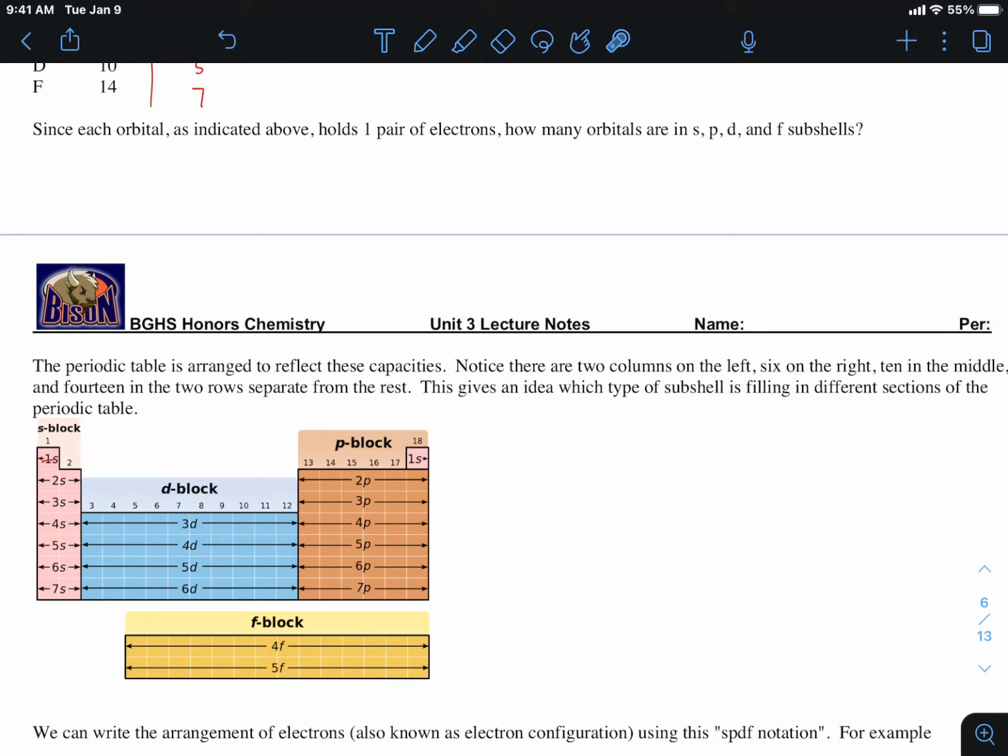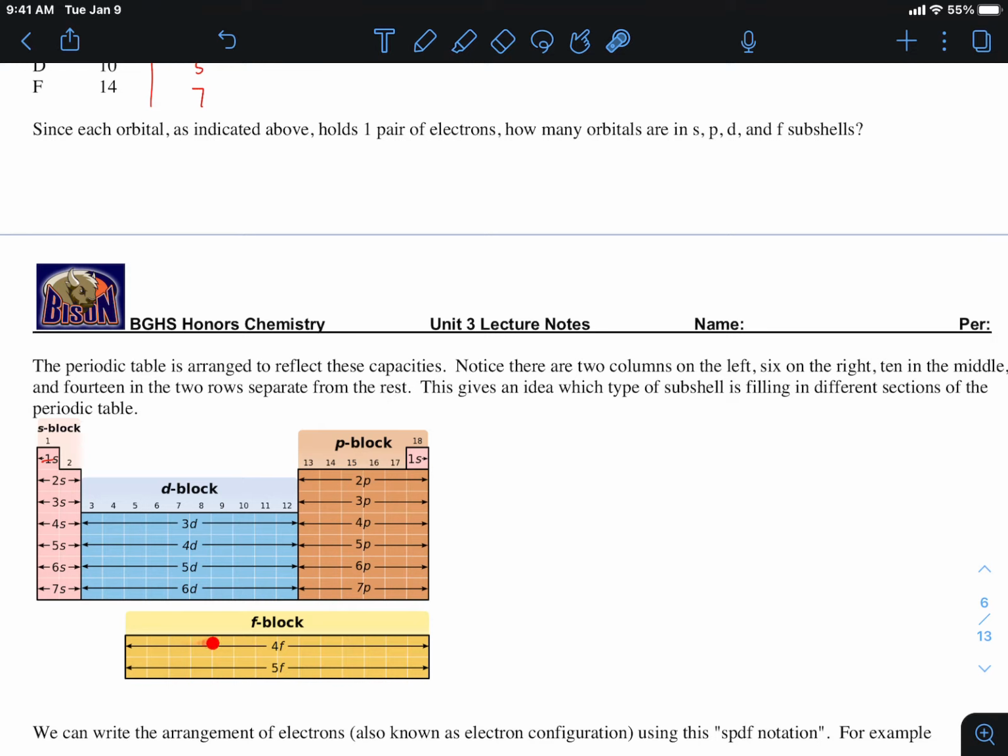So the first 2 columns on the periodic table, this is what's known as the S block. The 6 columns on the far right side is known as the P block. And then there's kind of a valley here with 10 columns that's a little bit lower. This is known as the D block. And the F block has been removed.